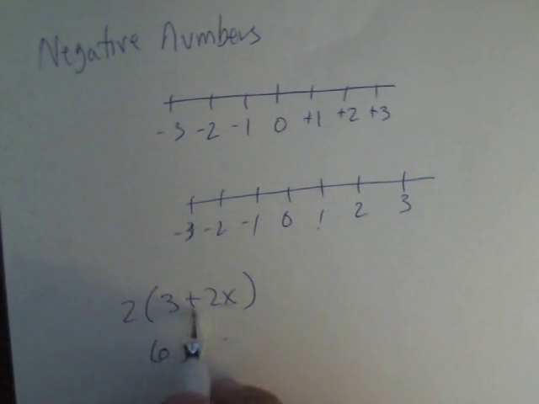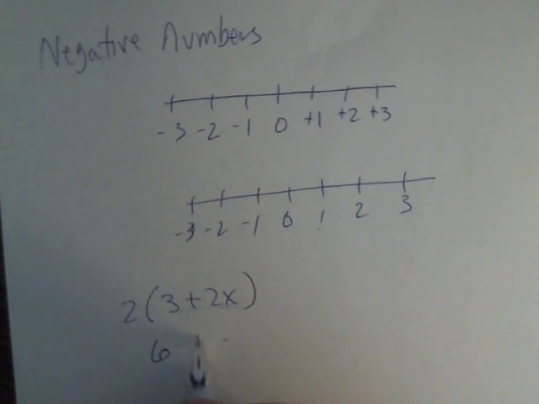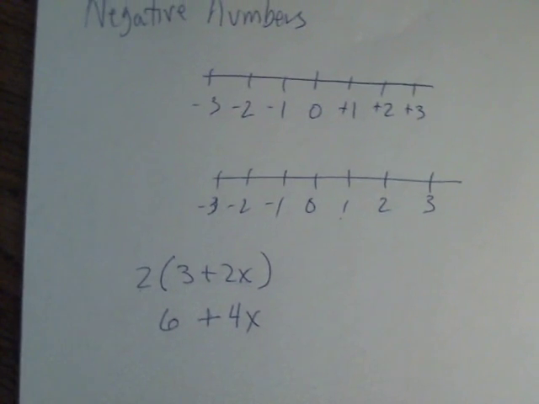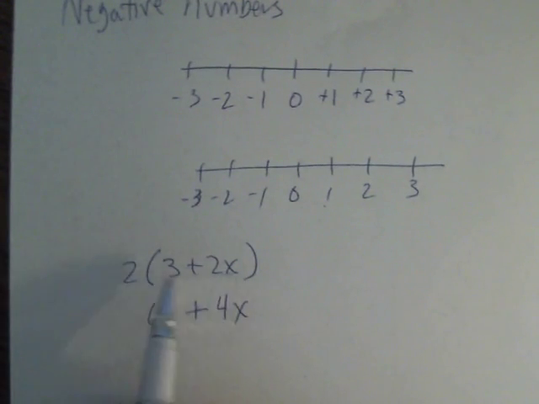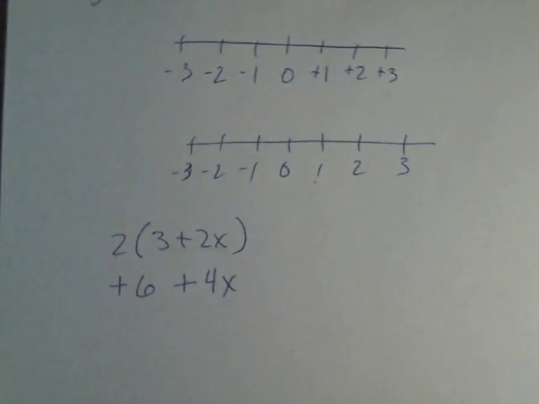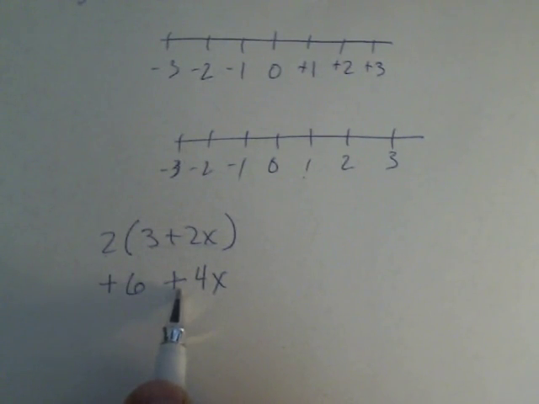I take 2 times positive 2x, and that gives me a positive 4x. I could have said 2 times 3 is positive 6, but we don't write the positives in front of numbers that are by themselves or that start the sentence. But you have to put a sign in between the two numbers.